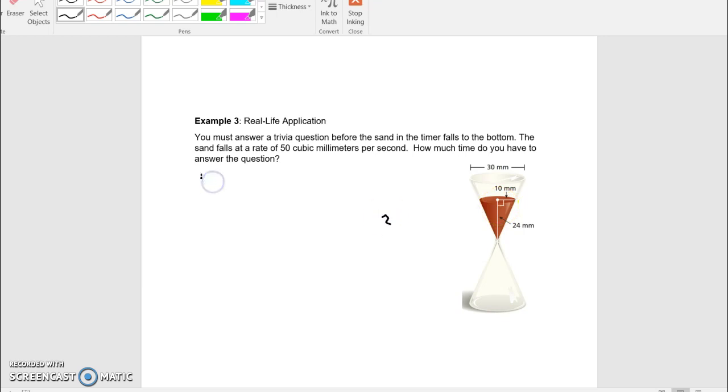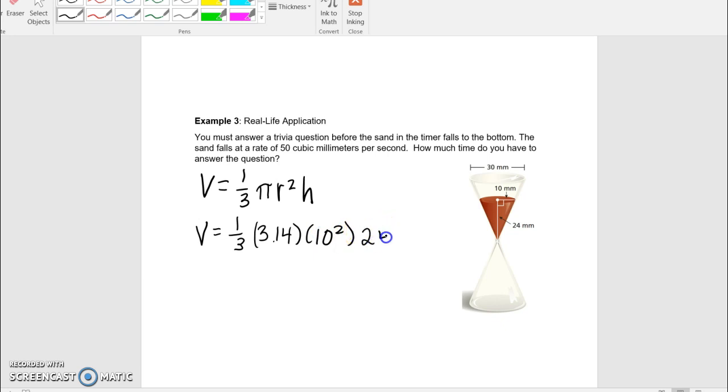So I'm going to start with my formula, 1/3 pi r squared h. So we're looking at the shaded part. That's our sand. And its radius is 10 and its height is 24.